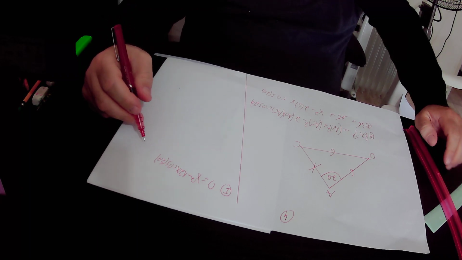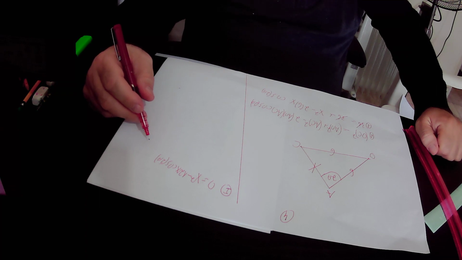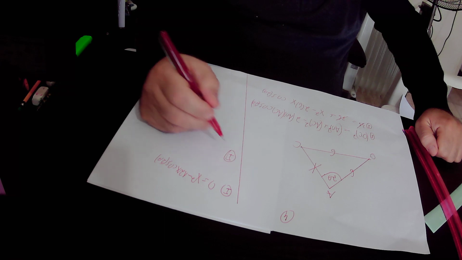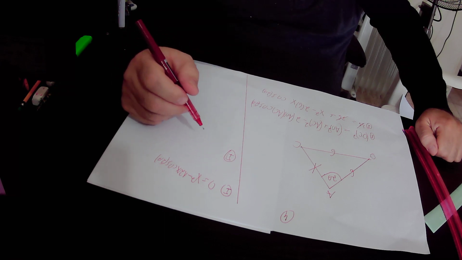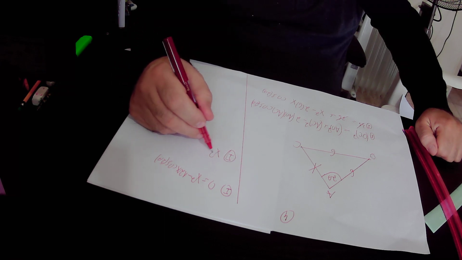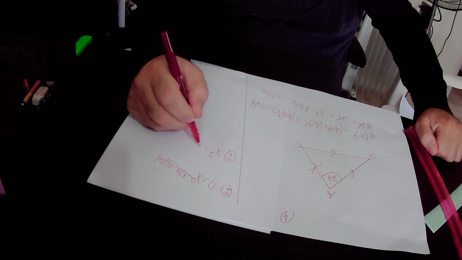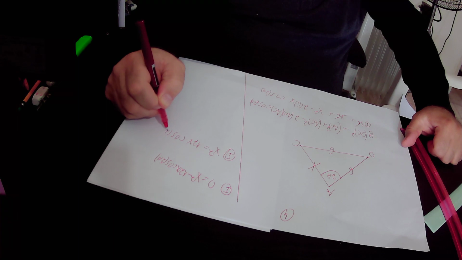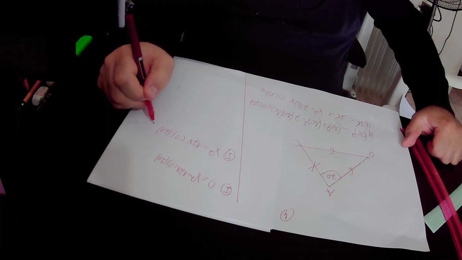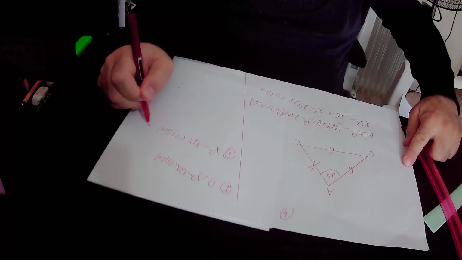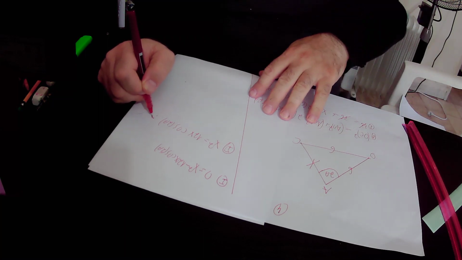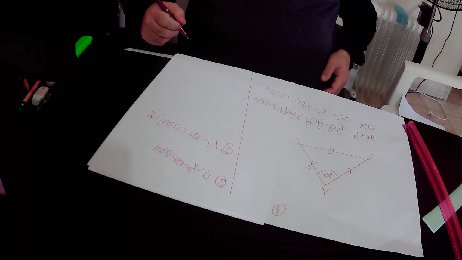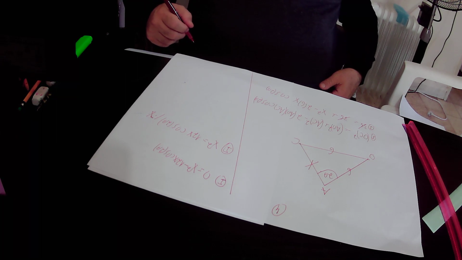We will add 12x cosine 2 theta to this equation, and we get that x squared equals 12x cosine 2 theta. We'll divide this equation by x. As you can see here, x is the length of side AC of triangle AOC. Therefore, it can never be equal to 0.